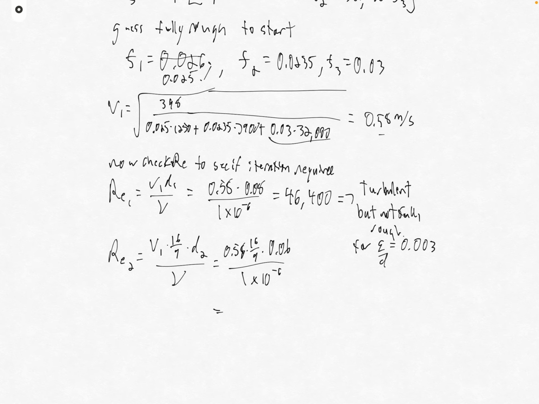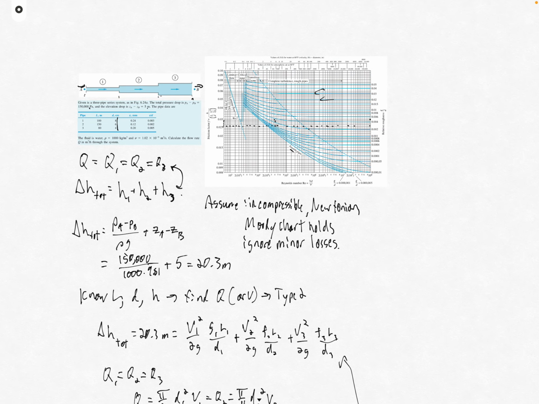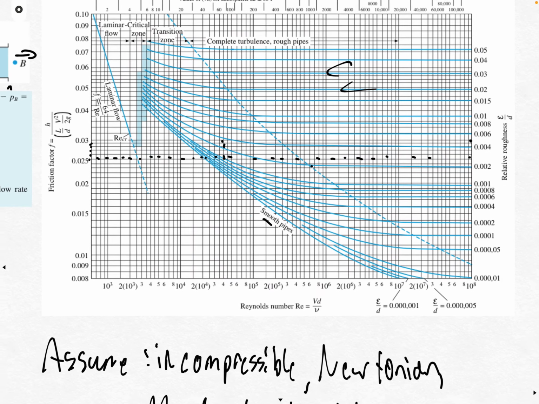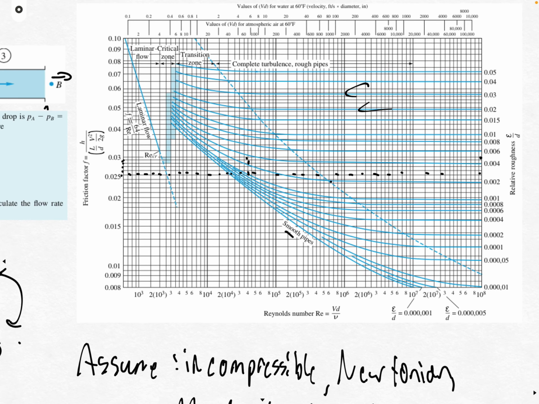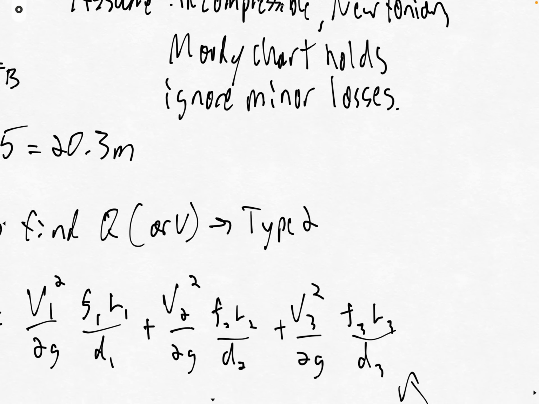That's 0.58 times 16 divided by 9 times 0.06 divided by 1e minus 6, about 62,000. And if we check that for our roughness of 0.002, we're right about here, and that is also in the same region.